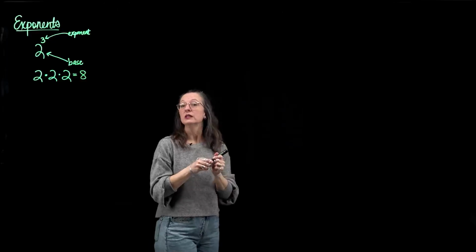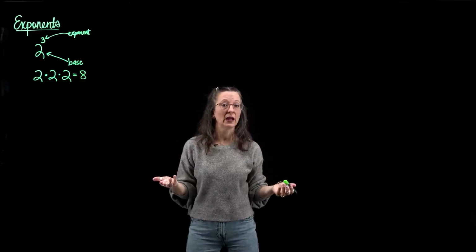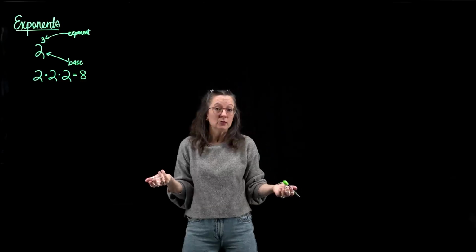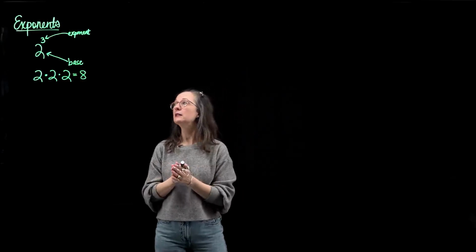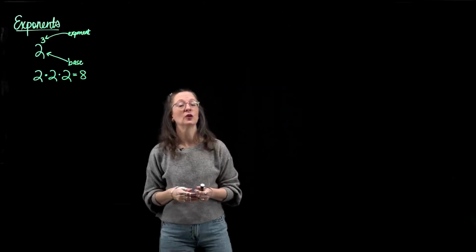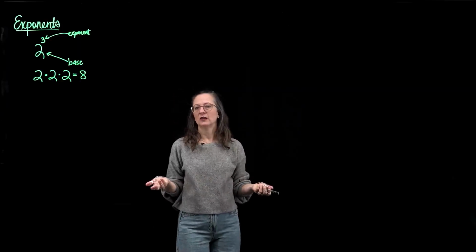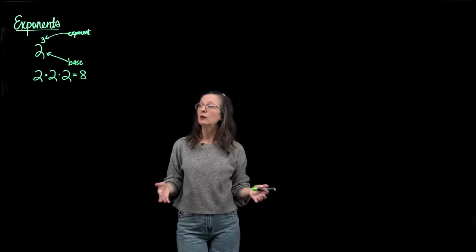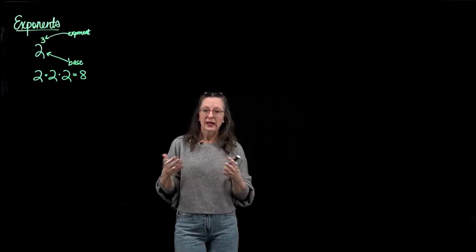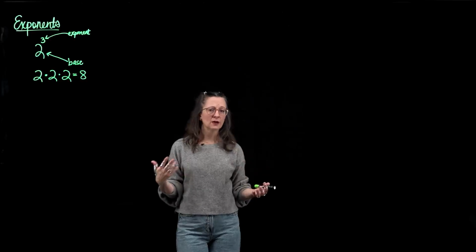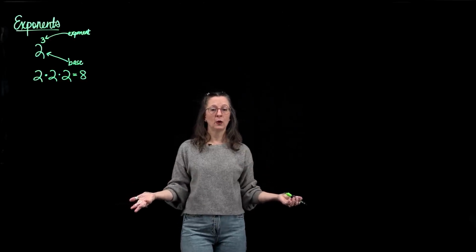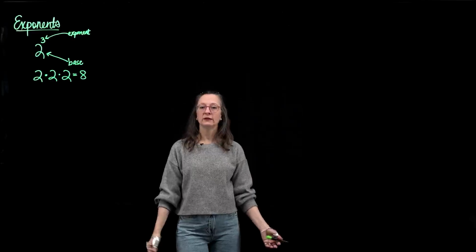Now, an exponent is just a fancy way to write repeated multiplication, and in a case like 2 to the third power, it's fine to write 3 2's out. That's no big deal. But if we have more than 3 or we have several things being raised to another power, it can get very long.